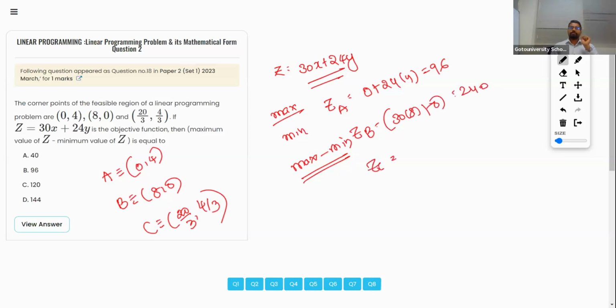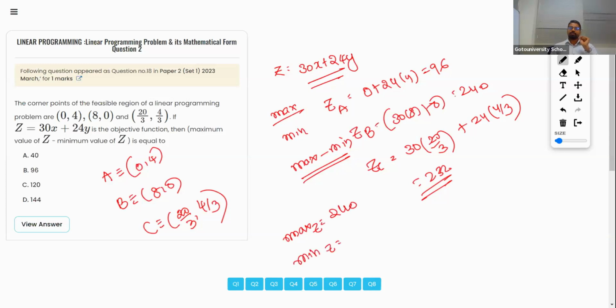Z at C will be 30 into 20 by 3 plus 24 into 4 by 3, which will give you 232. So now clearly the maximum Z is how much? 240, and the minimum Z is how much? 96. So our answer is 240 minus 96, which must be equal to 144.